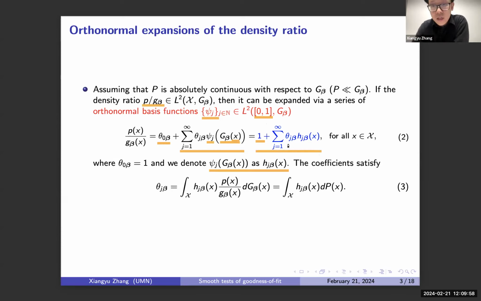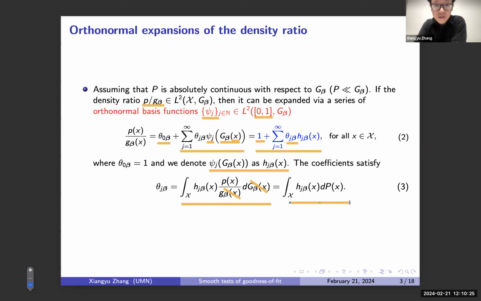And of course, we know that the coefficient theta_j beta here is the inner product between this density ratio and h_j beta of X, where our inner product is with respect to the measure g_beta of X. So this is what the coefficient looks like. If we cancel out this g_beta and this dG_beta here, this is what we get.